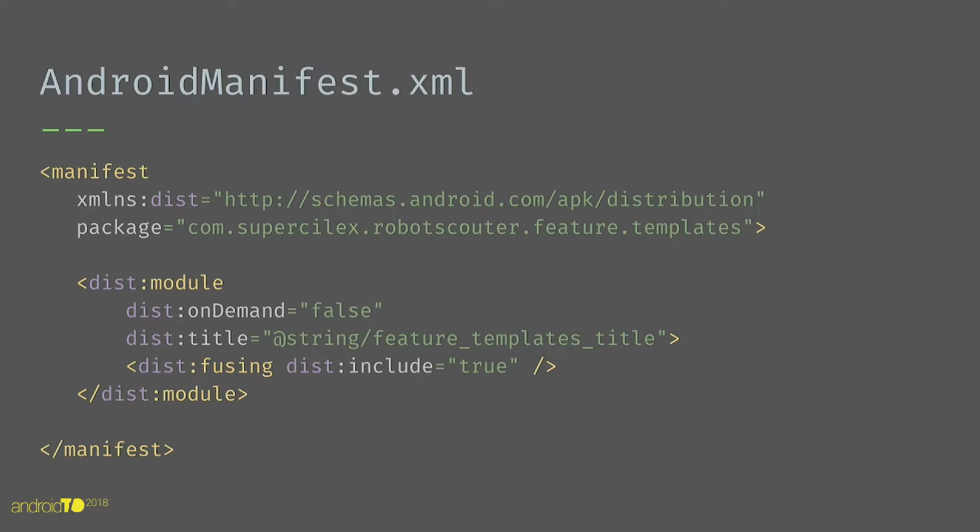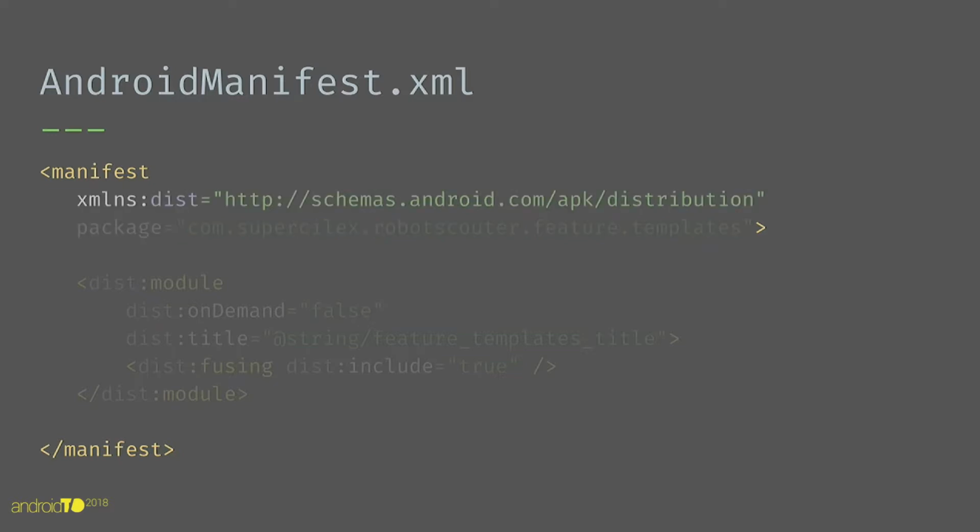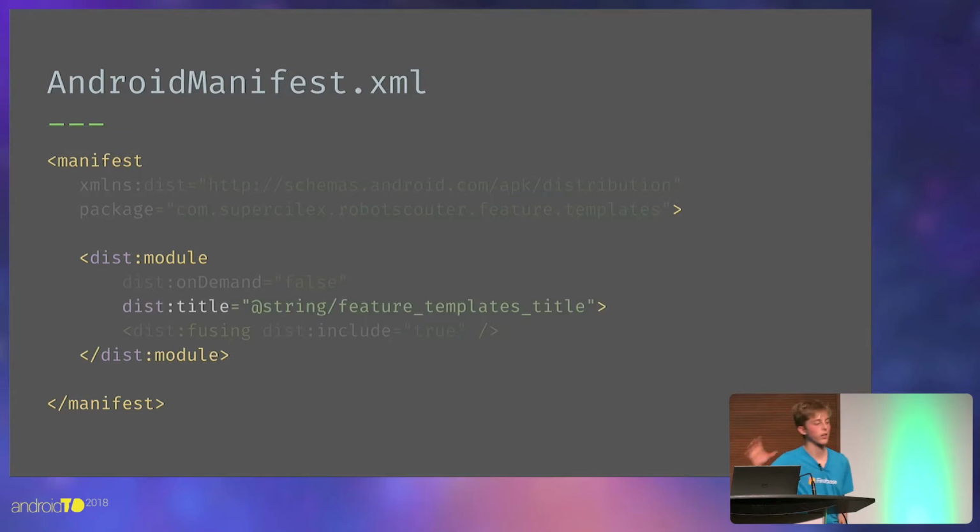But then, we do have to add some extra manifest flags if we want it to be dynamic. So you put your usual package. That's just like you can use a convention I mentioned earlier. And then we're going to add this special dist tag. And so here is where we're going to start telling the Play Store, here's the feature module that I support.